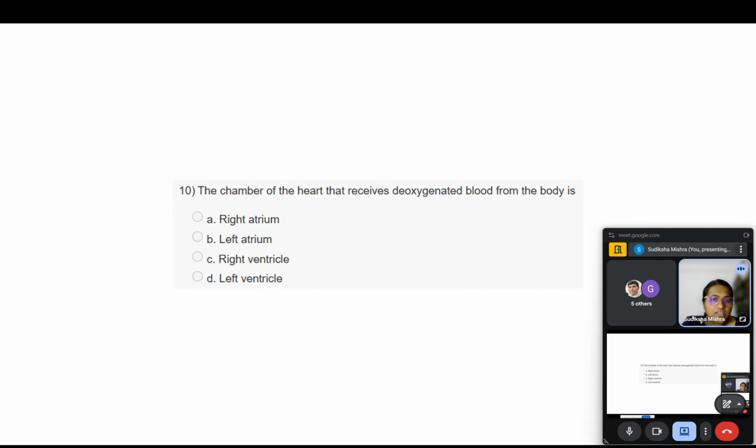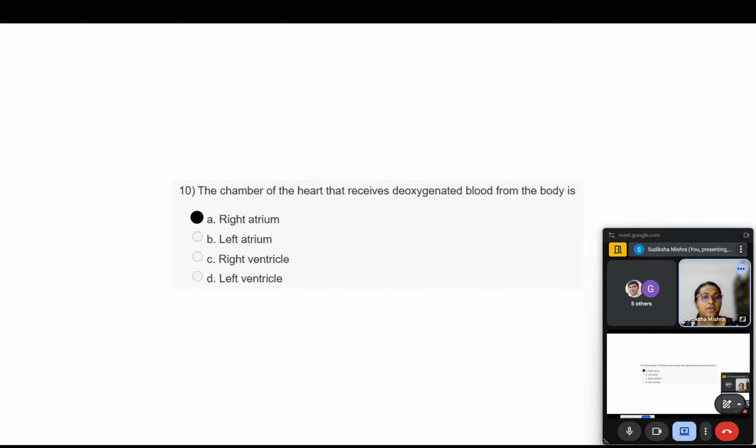The chamber of the heart that receives deoxygenated blood from the body is right atrium, right ventricle, or left ventricle. The answer is right atrium. So the blood comes in from the body into the right atrium, then goes into the right ventricle. The right ventricle then pushes the blood into the lungs to get oxygenated.